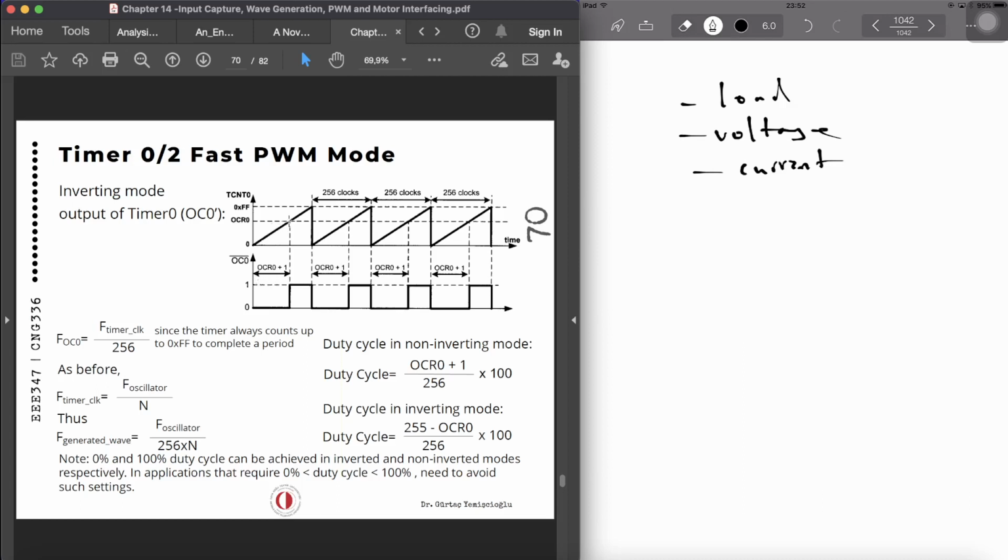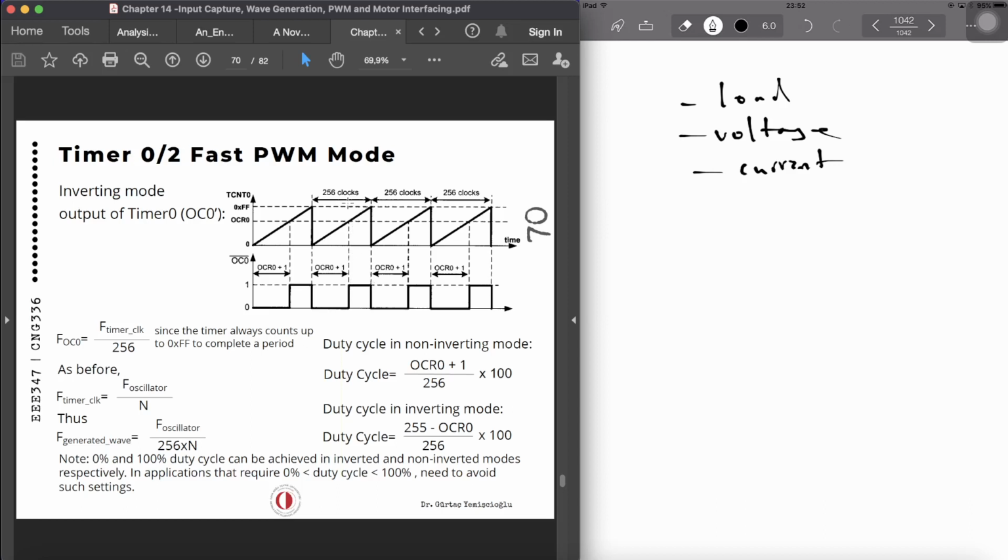Now it counts up, and whenever the OCR matches, it toggles, it changes to 1, and then it carries on to the overflow, and whenever the overflow occurs, it toggles again, and then it counts up again. So whenever the OCR matches, it toggles, and whenever the overflow occurs, it toggles again.